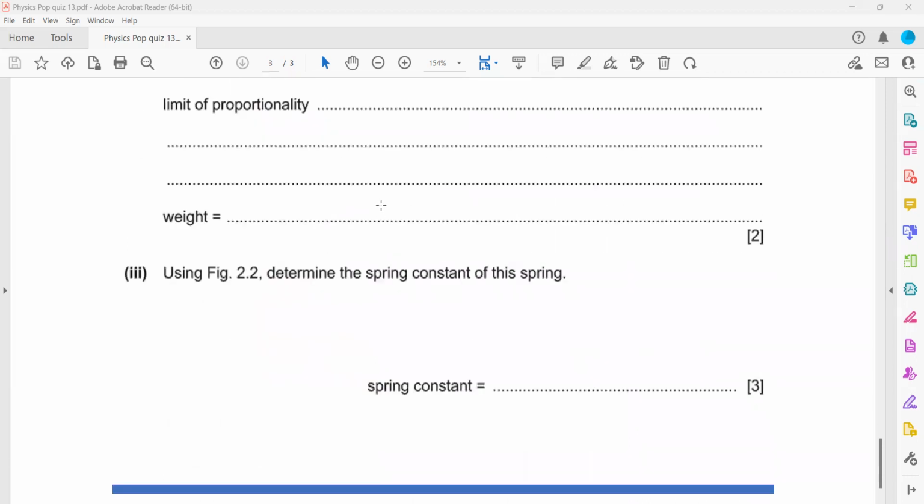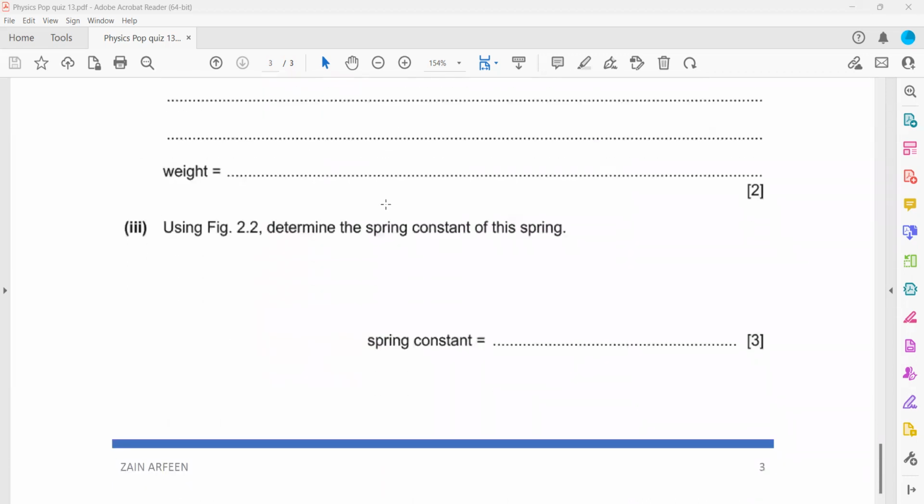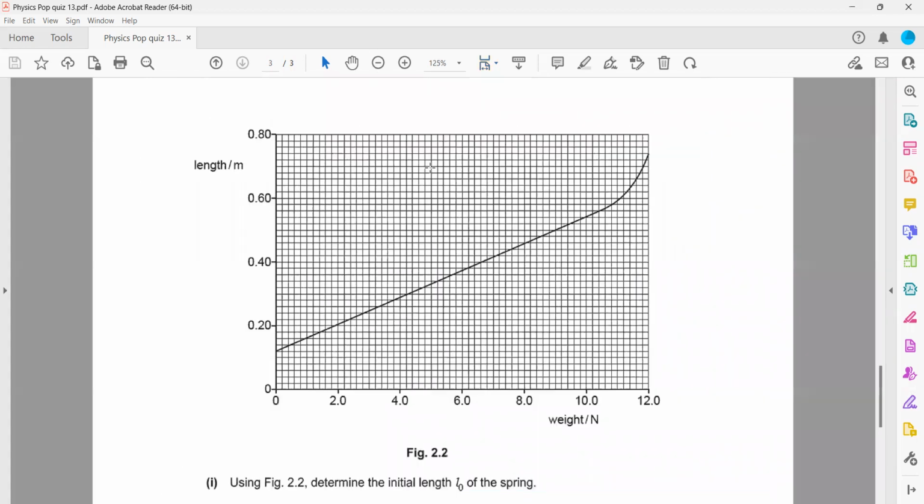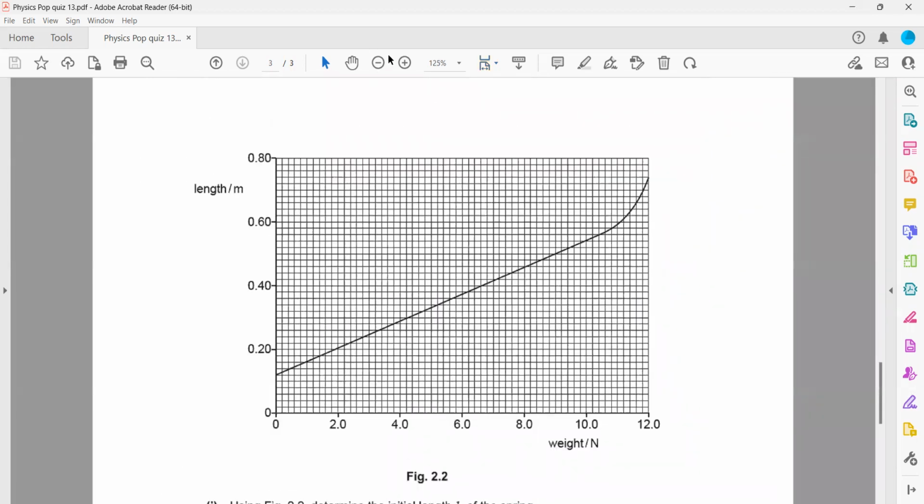Then, using figure 2.2, determine the spring constant. It is worth 3 marks. How can we work it out from the length and load graph? If it were a load and extension graph, we would just take the value of the load and the value of the extension, and load divided by extension gives the spring constant K. Spring constant is force divided by extension.